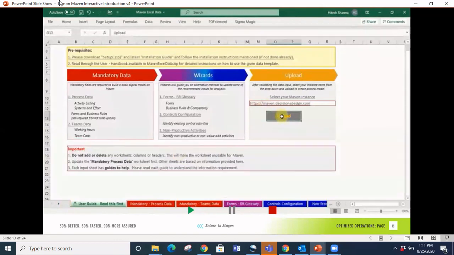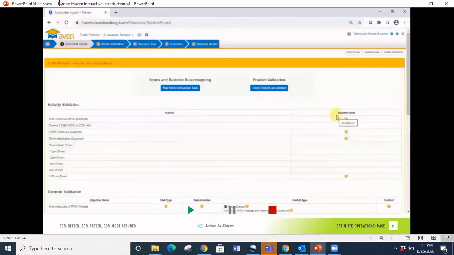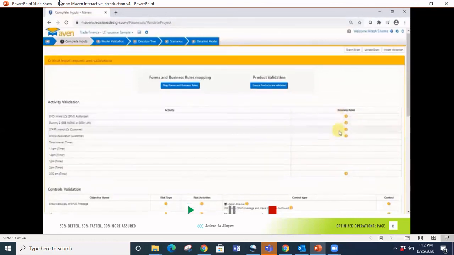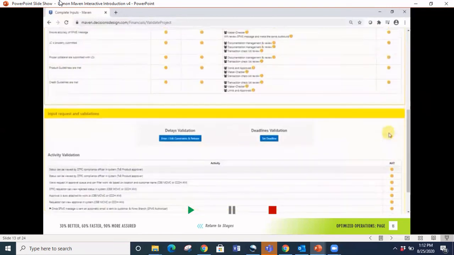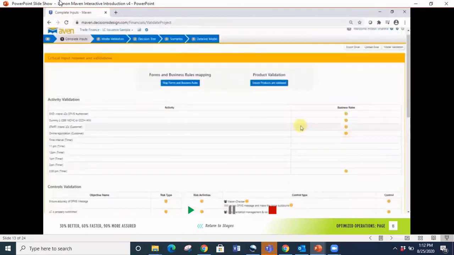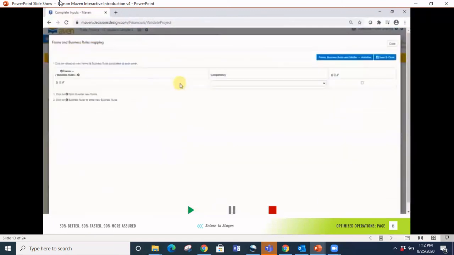This template is then uploaded on Maven. Once the Excel template is uploaded, Maven verifies the completeness of the information given in the Excel and also asks users to correct errors, if there are any in the Excel template. Here it will ask the user to complete a few inputs captured earlier in the template.